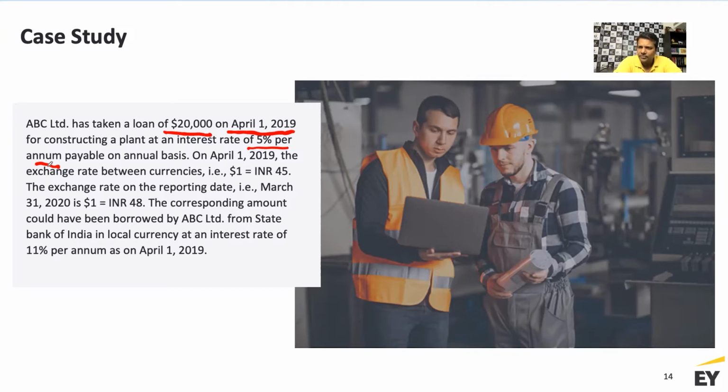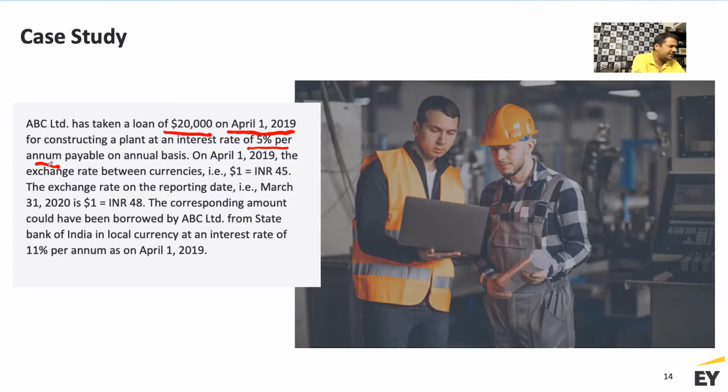So it was possible for me to borrow in my local currency, which is INR, and then the rate of interest chargeable would have been 11%. I have actually decided to borrow money in foreign currency, and I am paying a rate of interest of 5%.